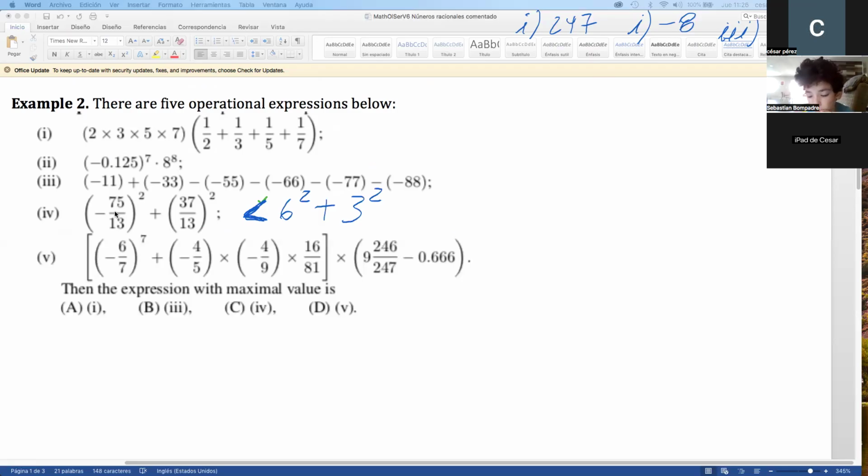Okay. And this is equal to 45. So this is lower than 45. Now let's try the other one.